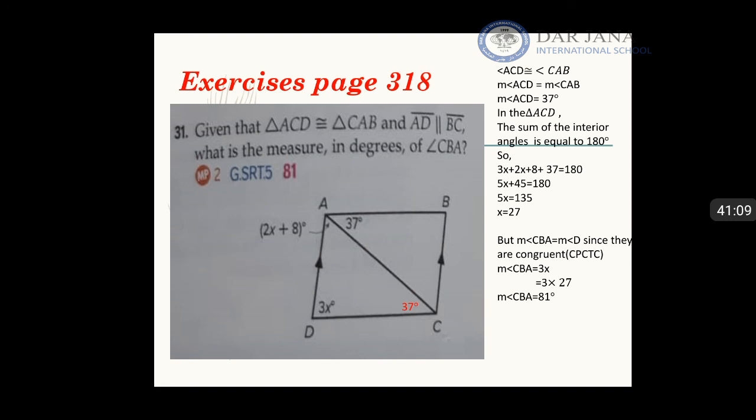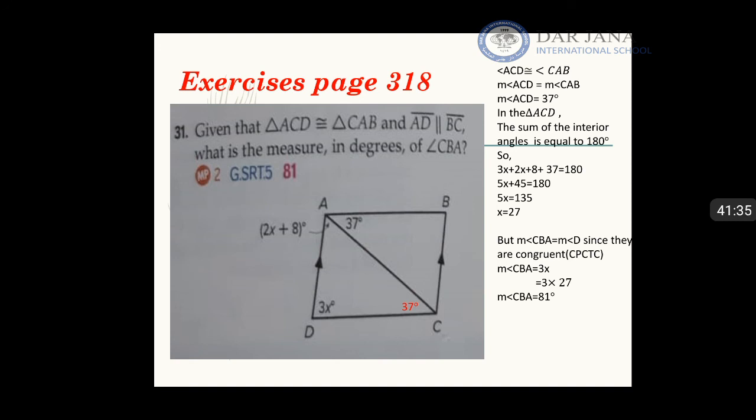So to find x, let's look at triangle ACD. The measure of angle DAC is 2x plus 8 degrees. And the measure of angle D is 3x degrees. So what about the measure of angle ACD? Angle ACD is congruent to angle CAB, and they're both equal to 37 degrees.